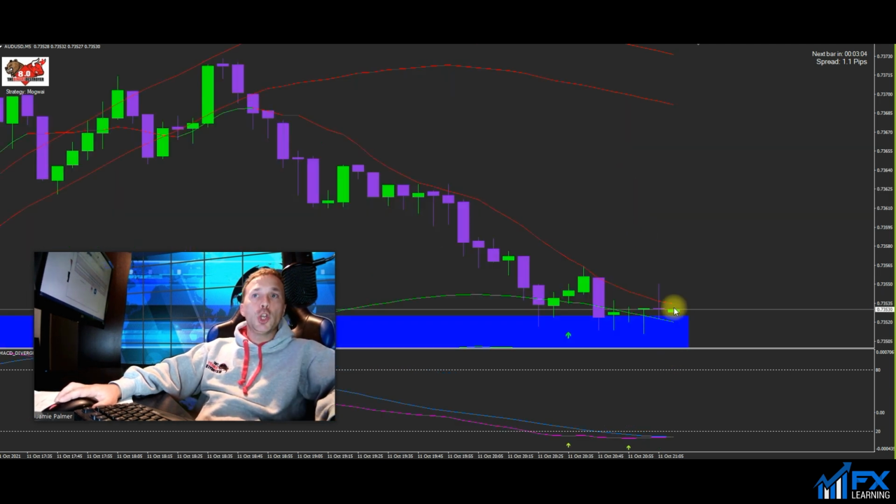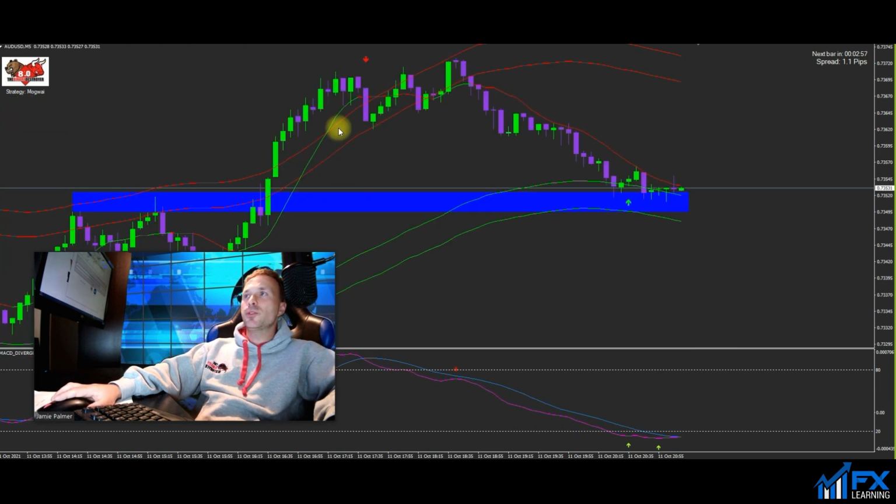Now what I'm looking for is price to close above this TCA line. Can you see here, right? Let's just focus on the TCA line for instance. When it's an uptrend, the TCA line is green.